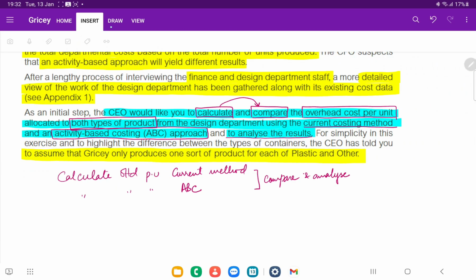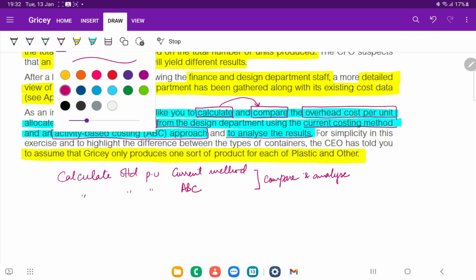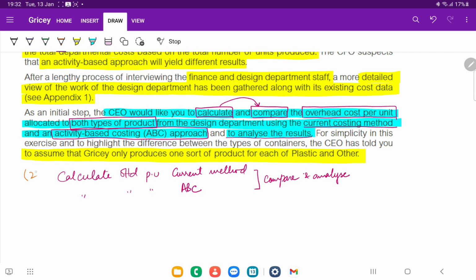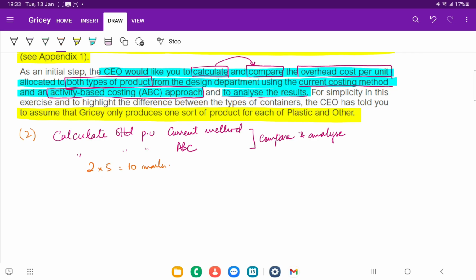So by and large we can believe that approximately 2 marks will be to calculate overhead per unit by using the current method, and probably there will be 2 marks multiplied by each cost driver. There will be 10 marks roughly for the calculation of cost per unit under activity based costing. So apparently we are left with 1 mark, but of course 1 mark will not be there, because generally whenever we start with preparing the calculations, we allocate 2 marks.